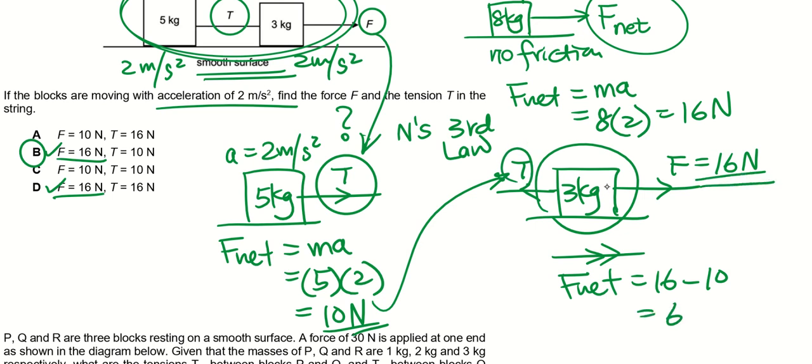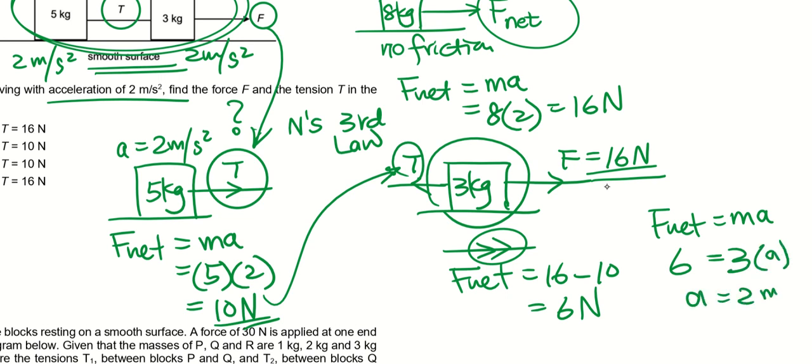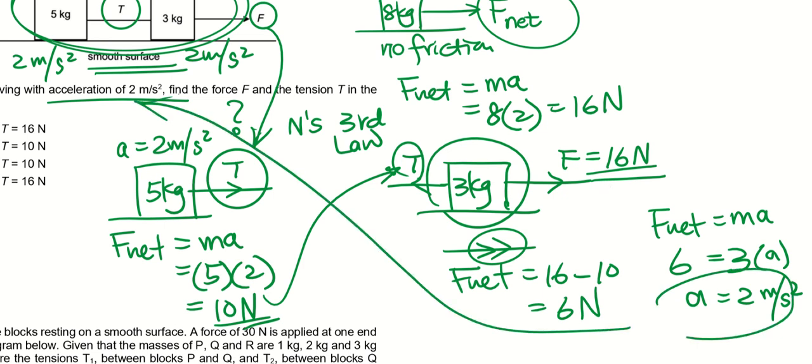So you will experience an Fnet of 6 Newton to the right. Then, if there is Fnet, there is acceleration. So I have 6 Newton, my mass is 3 kg. What is my acceleration? My acceleration equals 2 meters per second squared, which makes sense because they say the blocks have an acceleration of 2 meters per second squared.